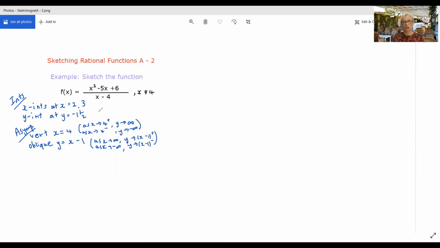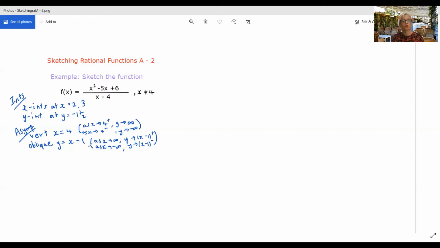But in addition to that, we needed to know that as x is tending towards 4 from above and as x is tending towards 4 from below, we were tending towards either infinity or negative infinity, that we were not tending towards the same actual number. And clearly in this case, it did categorise as a vertical asymptote.